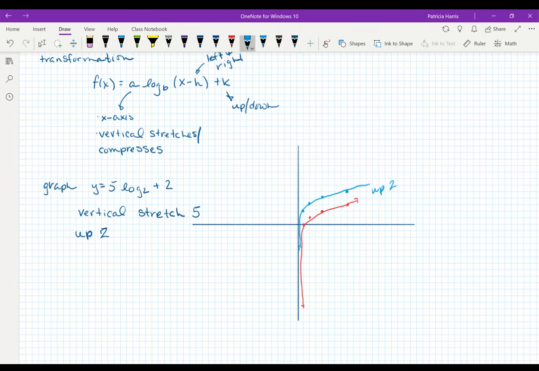Now I'm going to do the stretch by 5. So let's choose another color for that. So if I stretch everything up by 5, that means my y values change, but not my x. So let's see, 2 becomes 10. And then 3 becomes 15, and I'm going to run out of room.